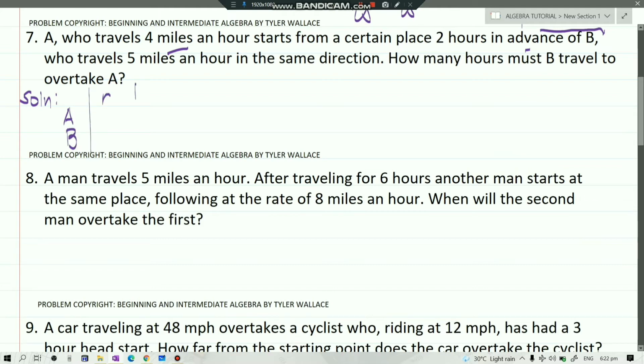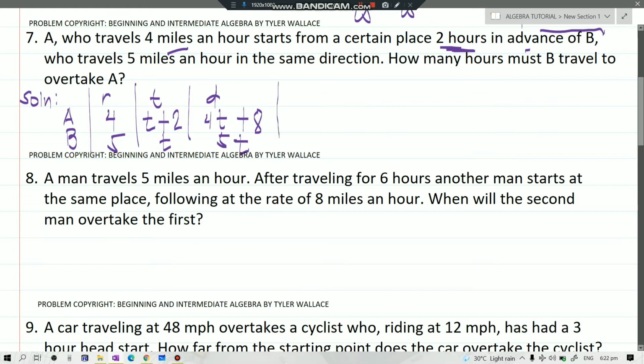So, what will be the rate, the time, and the distance? So, may given naman ng rate 4 and 5. Okay? So, we have 2 hours in advance of B. Sabihin, advance si A ng 2 hours. So, that is T plus 2 and T. Then, total distance is 4T plus 8. And we have total distance of 5T. Okay?